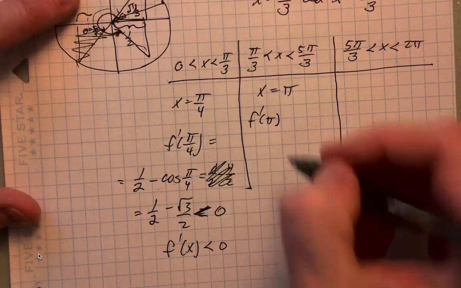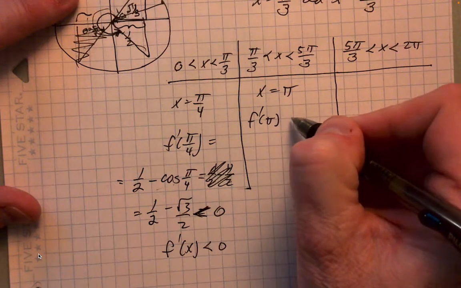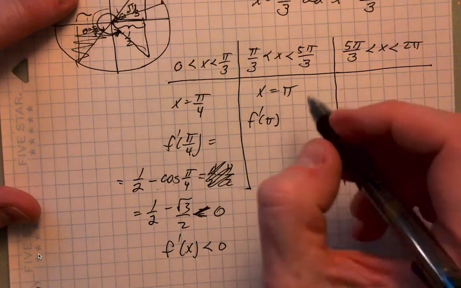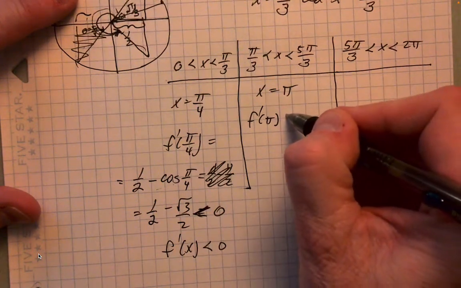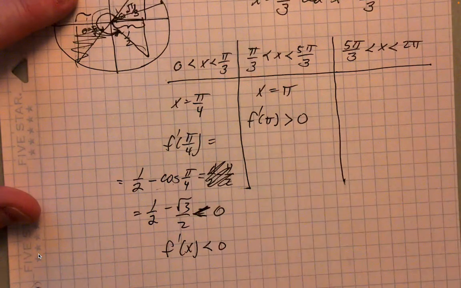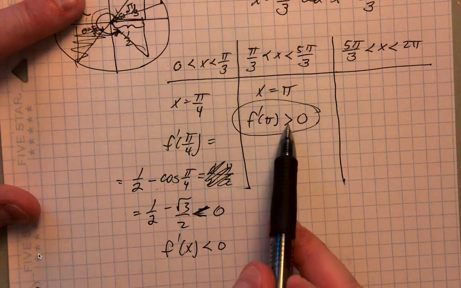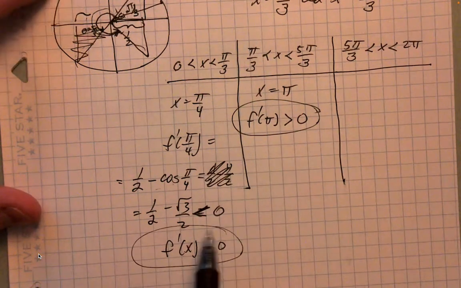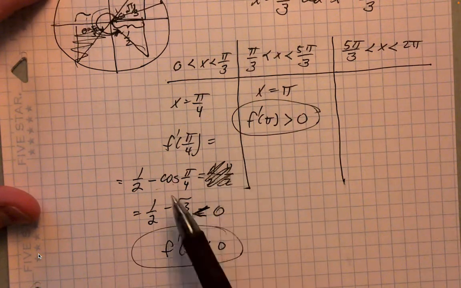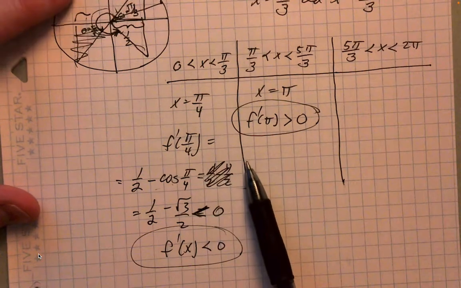Yeah. So what you'd end up with here is 1/2 minus 0, which would be greater than 0, right? So it equals 1/2. And so you've got the derivative is increasing here, and it's decreasing here. That sounds to me like a relative minimum at pi over 3.